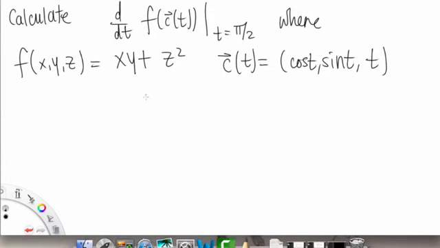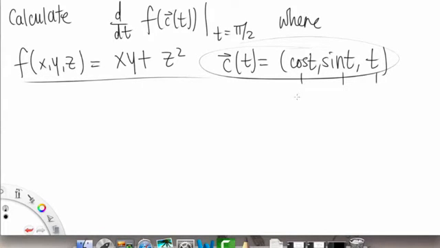So this is what we're given. This is our outer function, depending on just x, y, z. But we also have the path that is composed within our f, given by cosine t, sine t, and t. So we can label these x of t, y of t, and z of t.